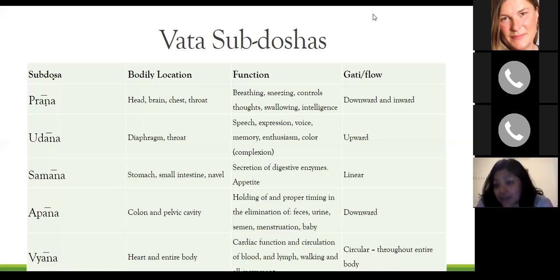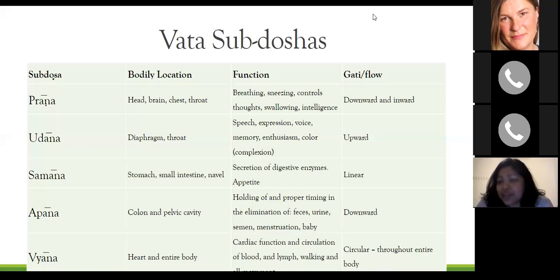Something is blocking. The fecal matter is sitting there in the colon, not moving out. The Apanavata is also not moving out. So what happens? It starts to move in the opposite direction because at the end of the day, Vata needs to move. If you don't allow it to move in the direction it wants to, it's going to find a different way to move. So it starts to move upwards.